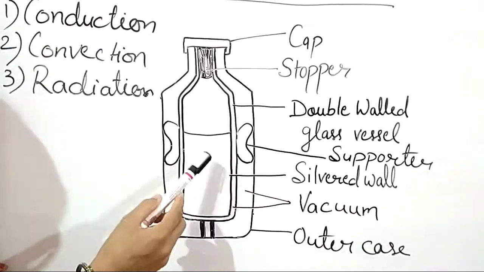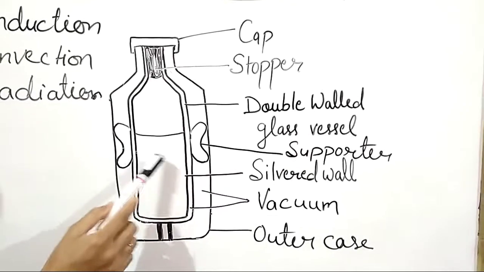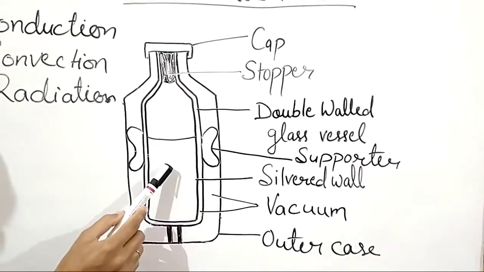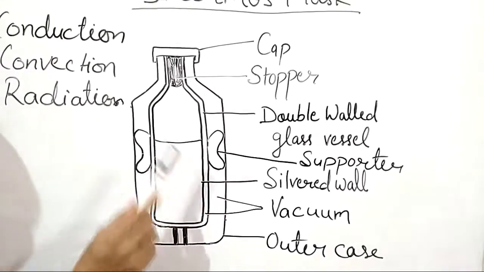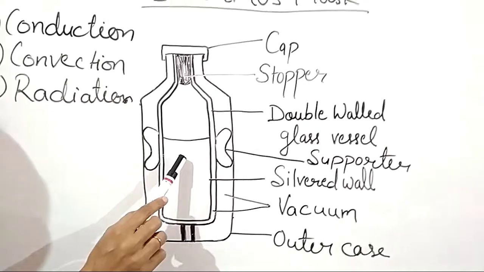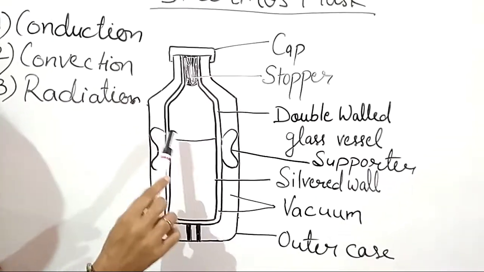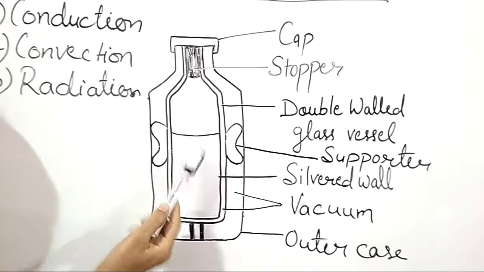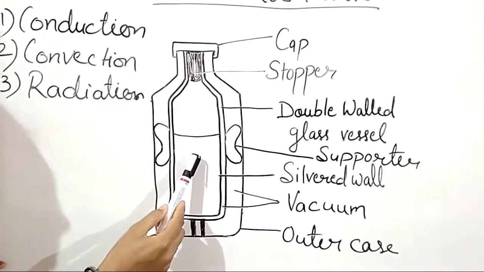So when any heat is radiated out by the liquid that is present inside the bottle, the radiated heat will be reflected back to the liquid by this silvered wall. In this way radiation will be minimized.